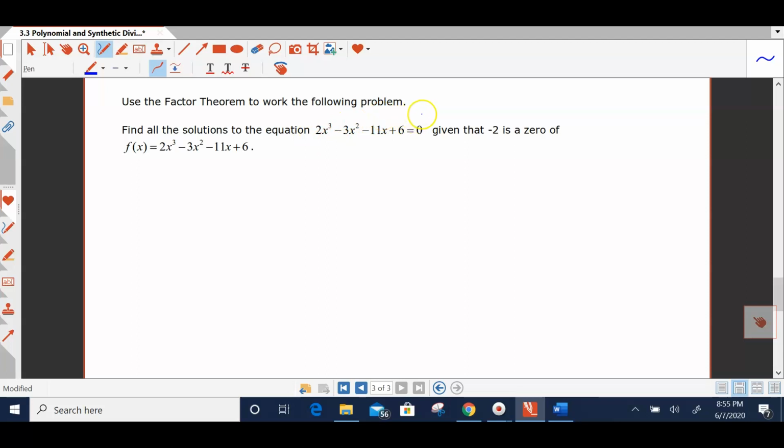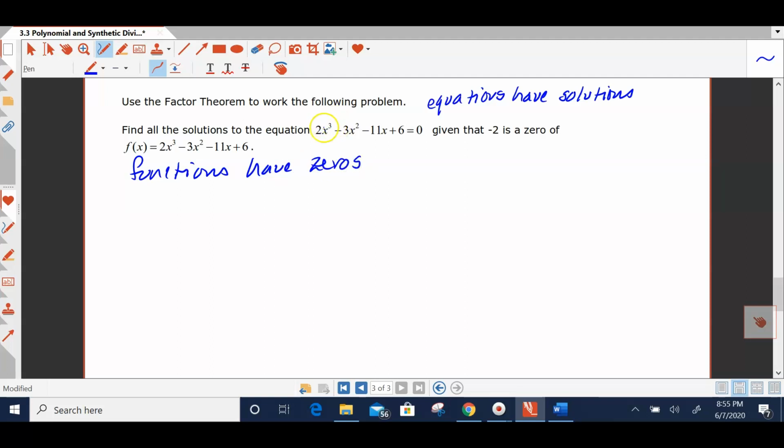Remember, equations have solutions. Functions have zeros. But they're all found the same way.